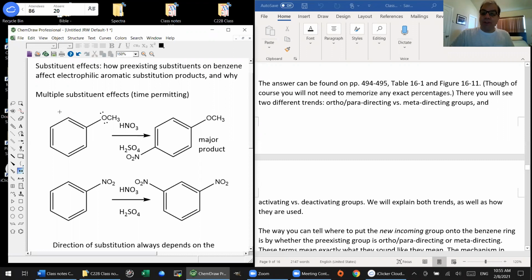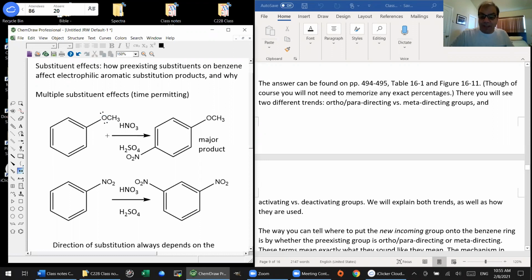And what we're going to talk about in a little bit is exactly why their being electron donating makes them ortho and para directing. I think in all of them, you'll find there's either lone pairs on that atom that's attached to carbon, or at the very least, you have an electron-rich alkyl group. Alkyl groups don't have lone pairs on the carbon, right?